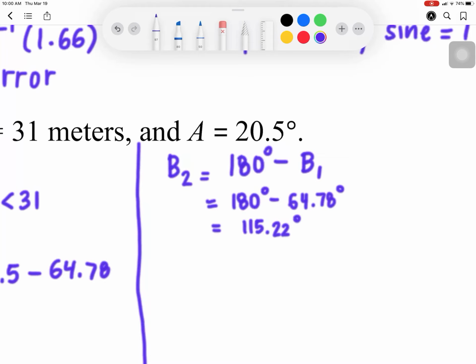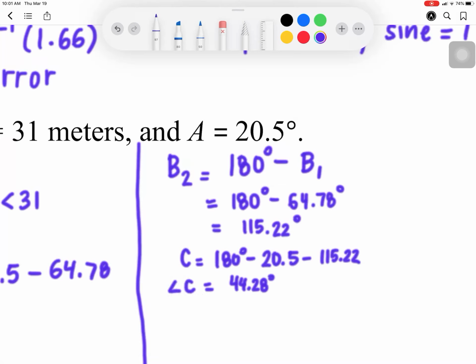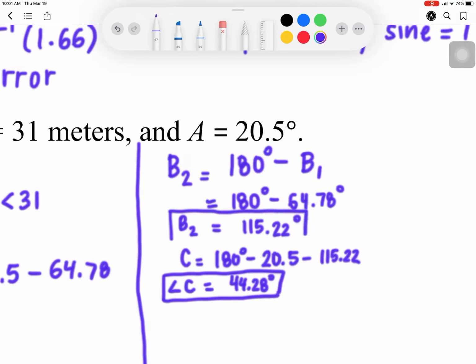Okay, and then C is equal to 180 minus 20.5 and then minus 115.22. That should give you 44.28. Okay, now all you have to do is find side c.